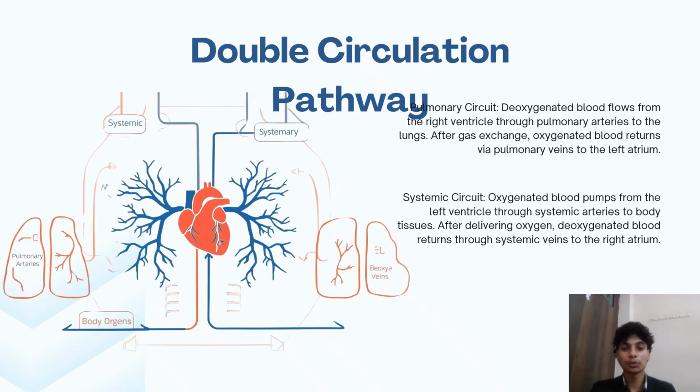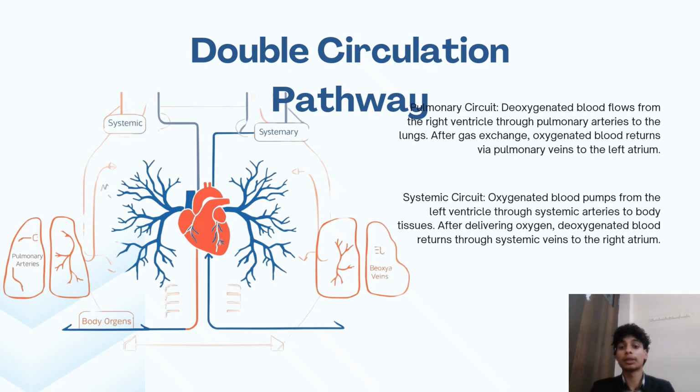There are two pathways: the pulmonary circuit and the systemic circuit. In the pulmonary circuit, the deoxygenated blood flows from the right ventricle through the pulmonary artery to the lungs. As I told you in the previous slide, the pulmonary artery is the only artery which carries deoxygenated blood, which goes to the lungs, and the lungs convert the deoxygenated blood to oxygenated blood.